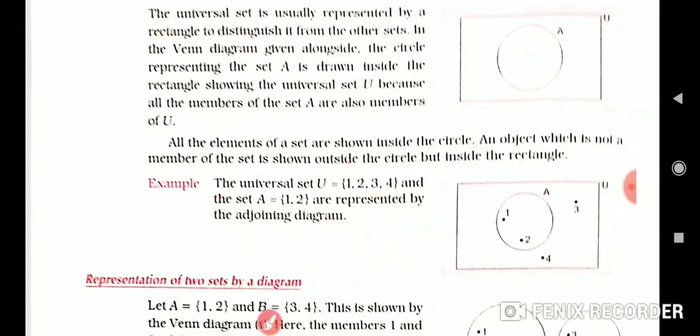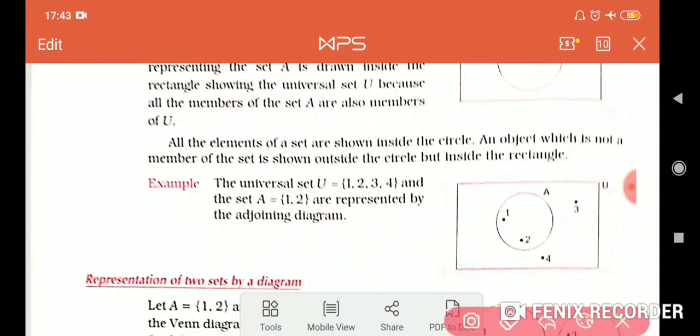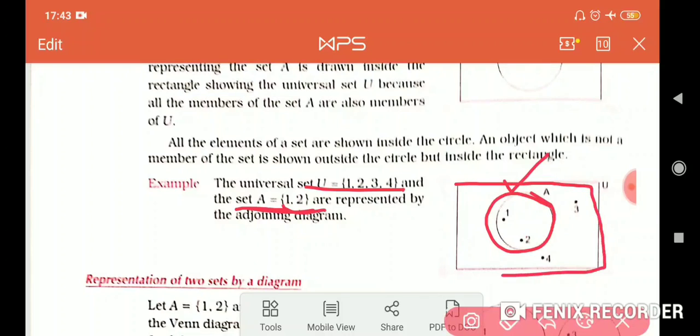Universal set means a set which contains all the elements of the other sets. Now here the universal set is given 1, 2, 3, 4 and set A is given 1 and 2. So how can you represent this? Just see here. Inside this A, what are the elements? 1 and 2. Here also the elements are given 1 and 2. Universal set means which contains all the elements, that means 3 and 4.